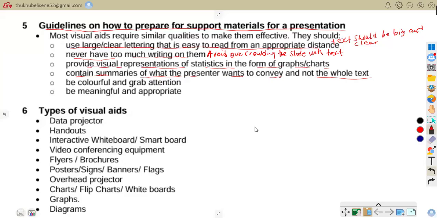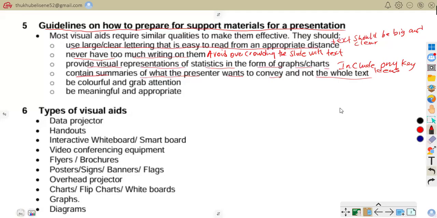So here we are saying only include key ideas, because the presenter will explain in detail verbally.